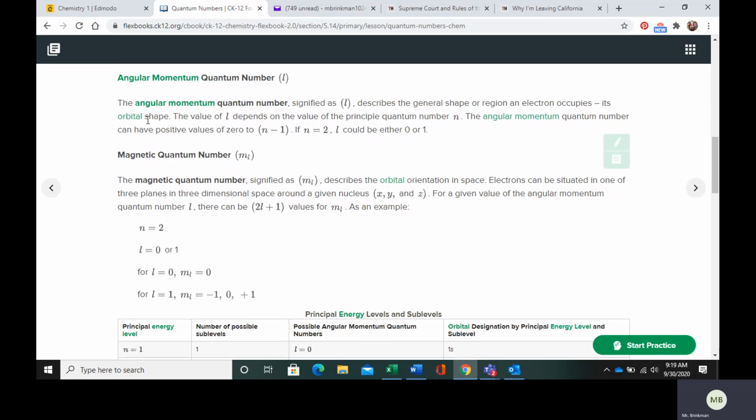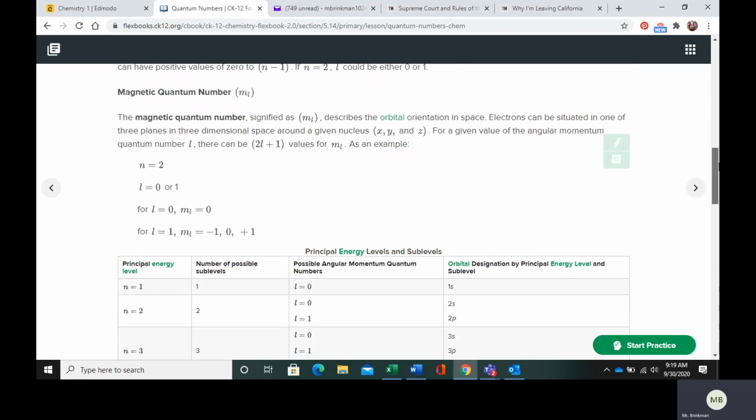Okay? So the angular momentum quantum number L can have positive values of 0 to n minus 1. Okay, so if n equals 2, L can be 0, or L can be n minus 1, which is 2 minus 1 equals 1.